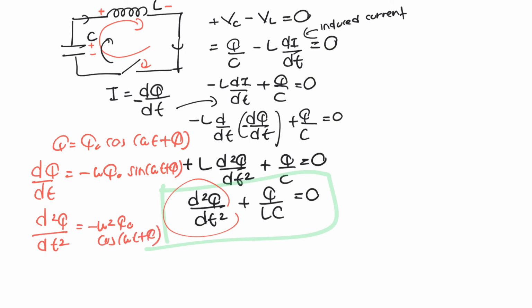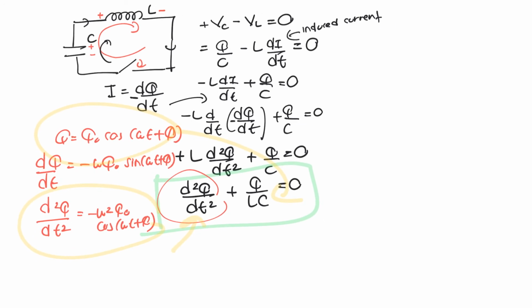Okay, you insert here to here, here to here. So you are going to get the formula, the new equations will be negative omega square q naught cos(omega t plus phi), plus 1 over LC times q naught cos(omega t plus phi).